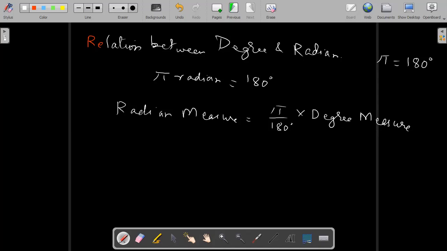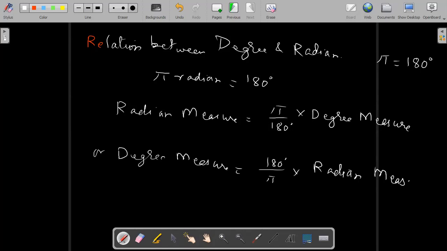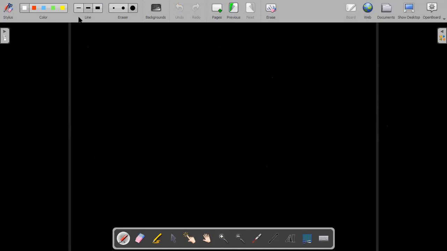This is the formula. Or if you write degree measure, 180 will come here: degree measure will be equal to 180 upon pi into radian measure. Either you remember these formulas or you can remember this. This will help you a lot in converting degrees into radians.